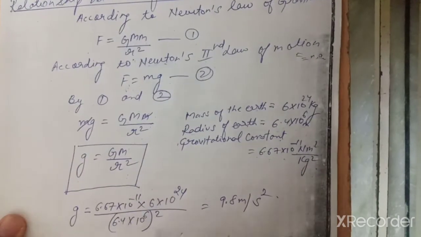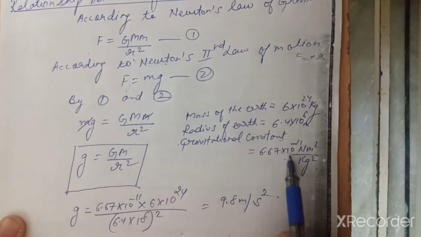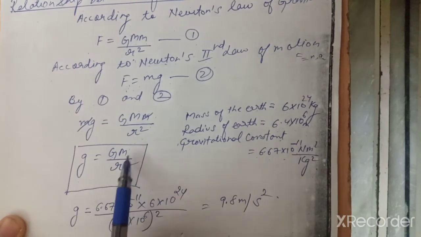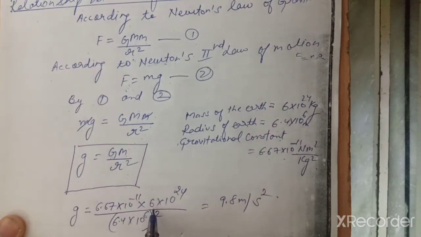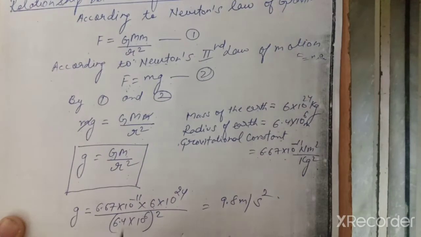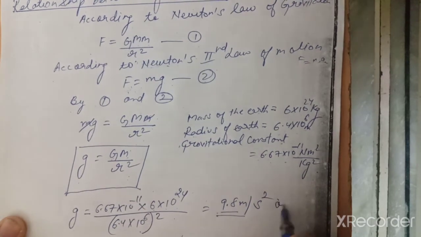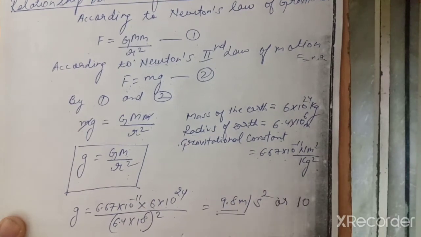When you substitute these values, g equals 6.67 into 10 to the power minus 11, times the mass of the earth, 6 into 10 to the power 24, divided by the radius, 6.4 into 10 to the power 6, whole square. On solving, you will get 9.8, and approximately this value can also be taken as 10. Okay, so 9.8 is the acceleration due to gravity.